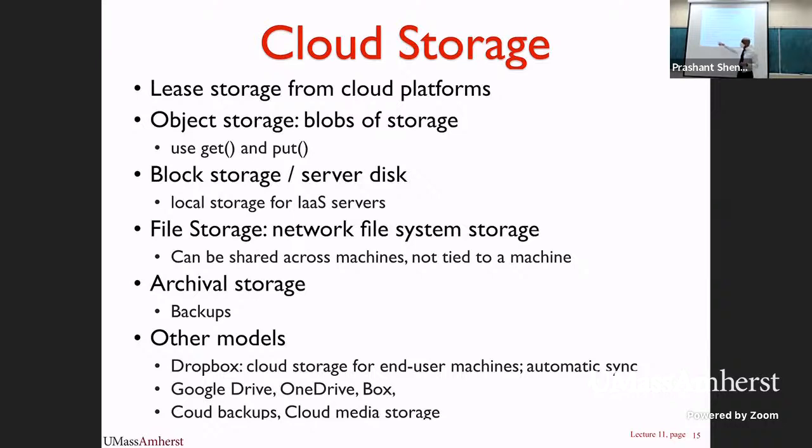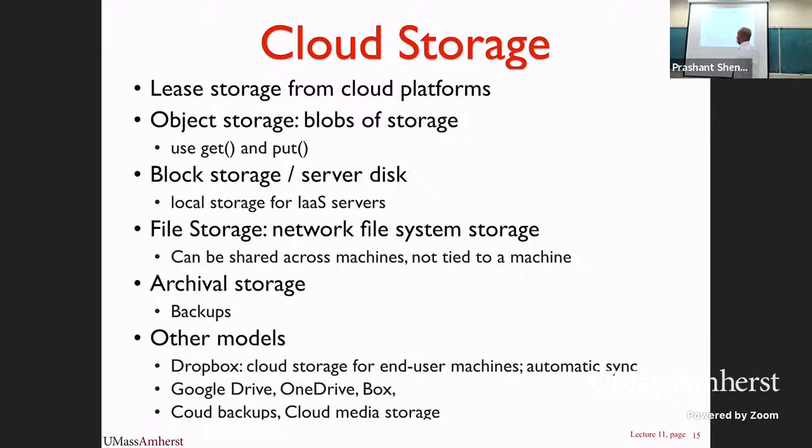And then there are other kinds of storage that you're familiar with, like Google Drive, OneDrive, Box, and so on, that essentially give you a cloud disk where you just keep files on that disk and you can access it from any machine. So these are more specialized cloud storage providers, as opposed to general purpose providers that provide storage that goes with the machines you get on that cloud provider.